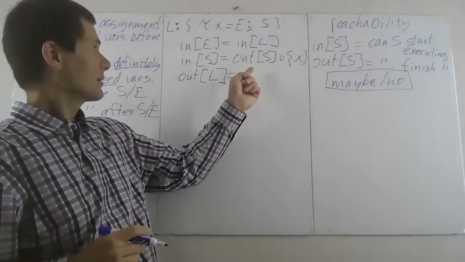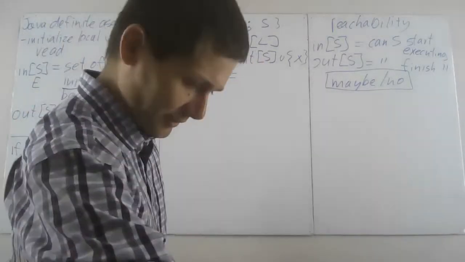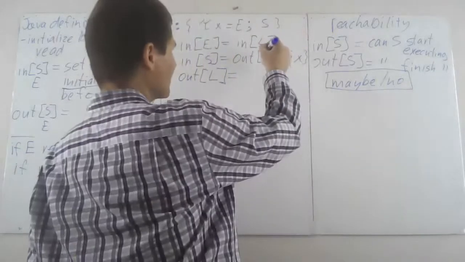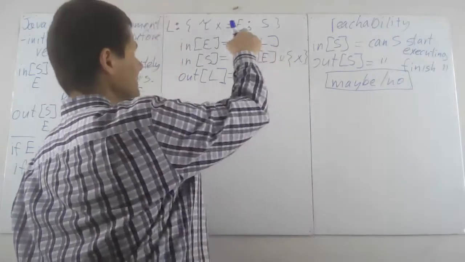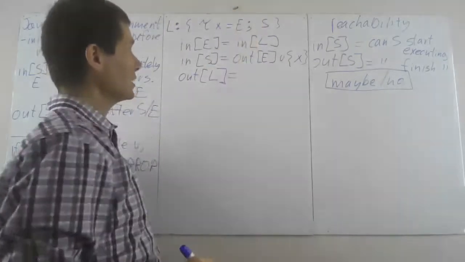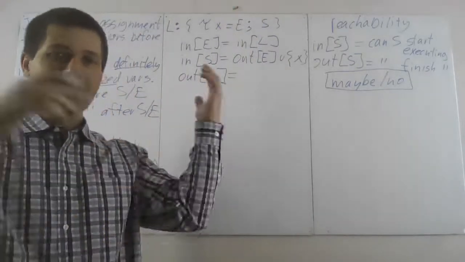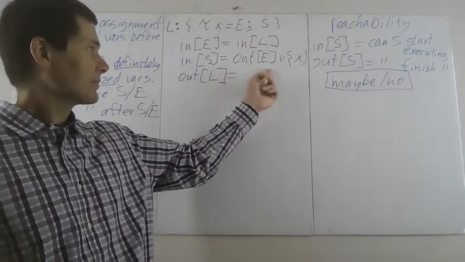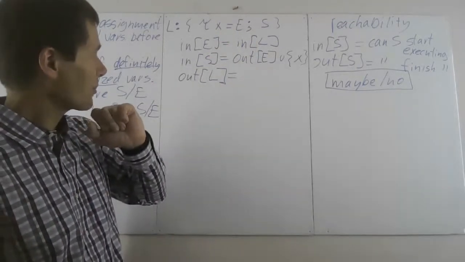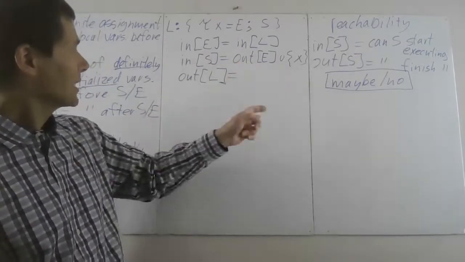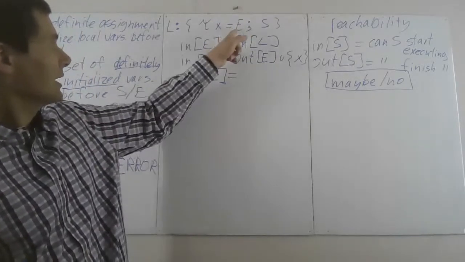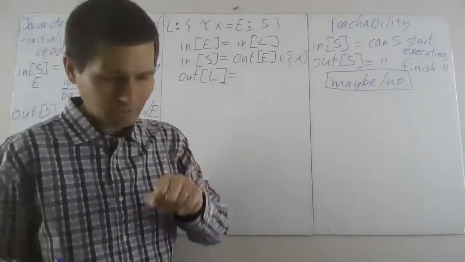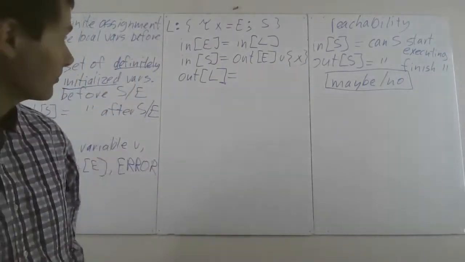Whoops, I said out of S, and I meant to say out of E. So whatever variables E initializes, right? E is an expression, but it could have writes to other variables. So it will initialize them, and then those variables would show up in out of E. But after I execute E, I also initialize X, so X is going to be in the set here.